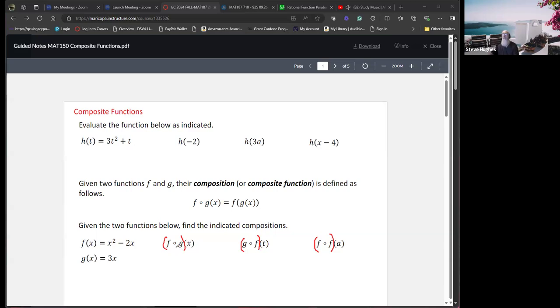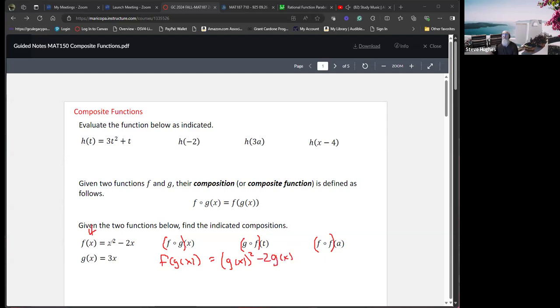Now I would give it a try. Remember, f composite g of x is f of g of x. What does that mean? That means in place of x in this function right here, I'm going to put g of x. So if I have f of x equals x squared minus 2x, that means this is equal to g of x squared minus 2 times g of x.